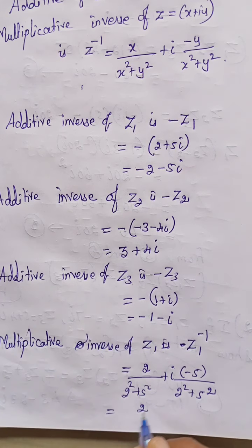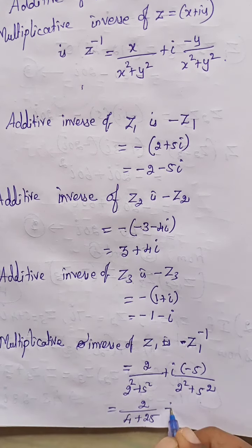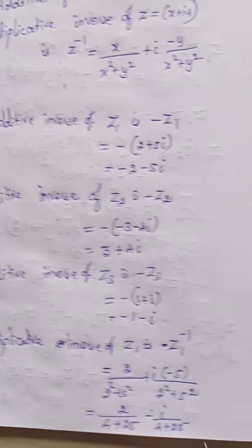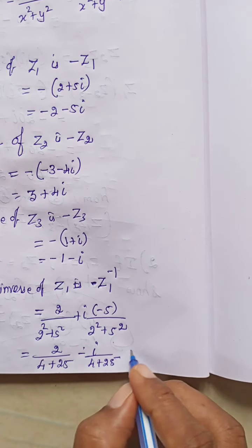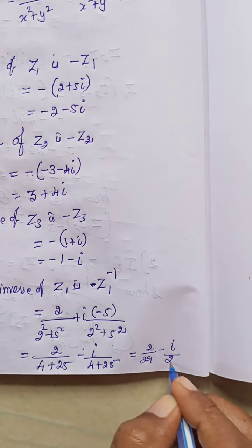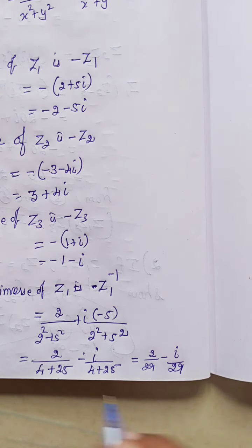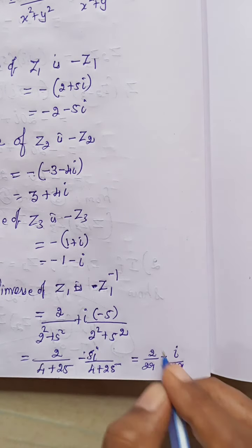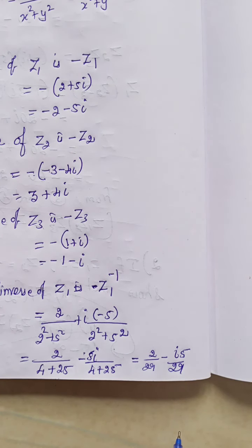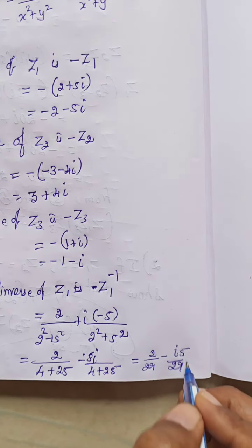So we can simplify. 2 by 2 square 4 plus 5 square is 25. This is minus i by 4 plus 25. So we may get the answer as 2 by 29 minus 5i by 29. Or you can take 1 by 29 outside. So 1 by 29 into 2 minus 5i. Is that clear? Shall we do the second one?